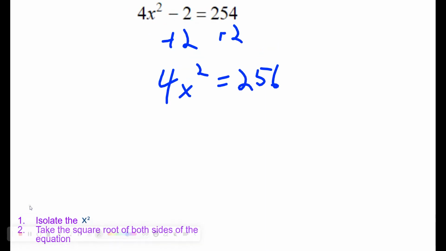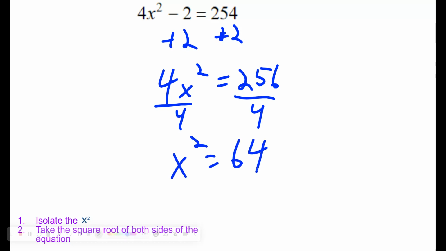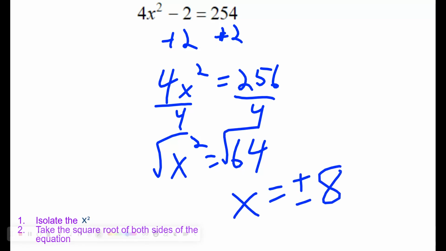There we go. That's better. Plus 2 to both sides. 4x squared is going to equal 256. Divide both sides by 4. X squared equals 64. At this point, we can square root both sides. Remember, that's going to end up with two solutions here, plus or minus 8. Both those, when you multiply them together, equal 64.